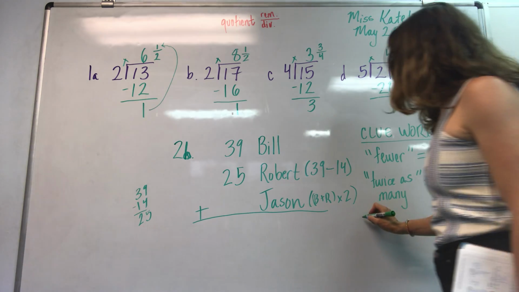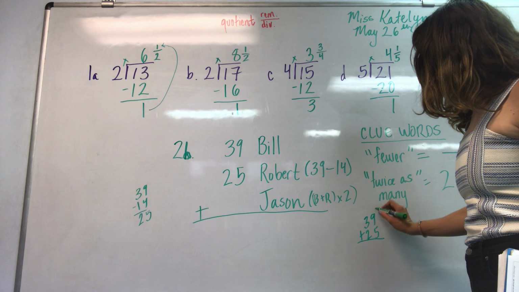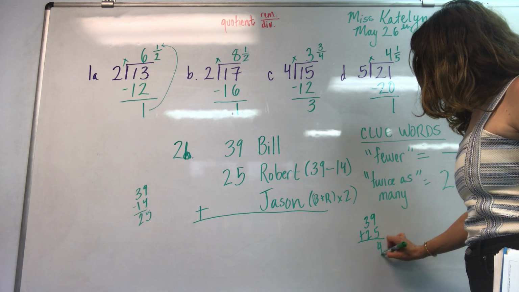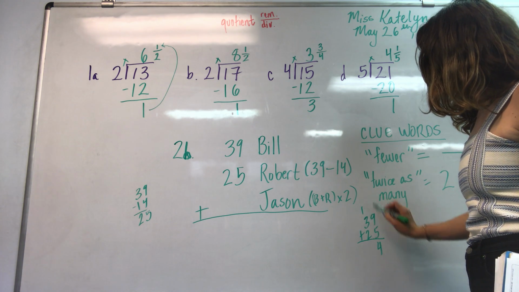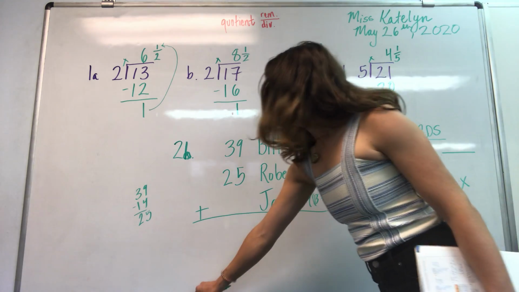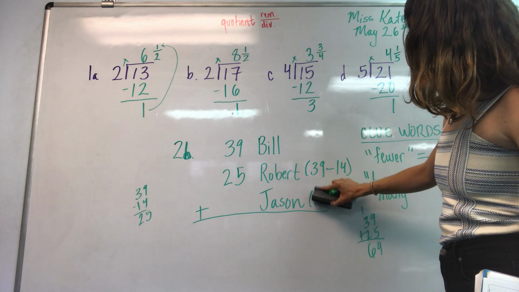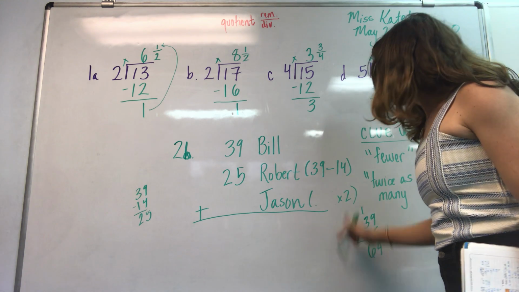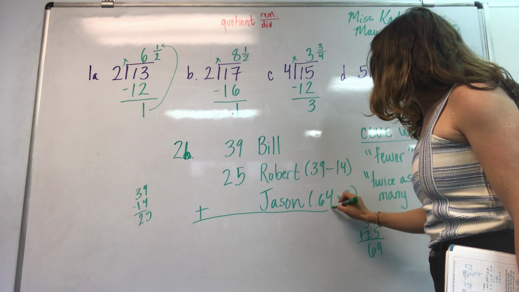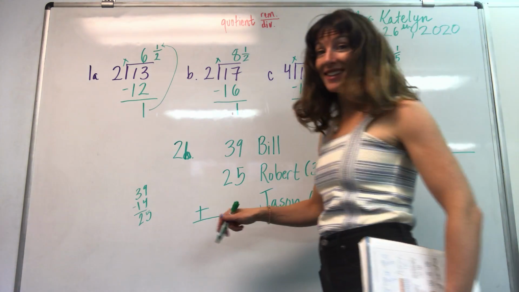Okay, so 39 plus 25, 9 plus 5 is 14, 1 plus 3 is 4, plus 2 is 6, and so I'm going to erase Bill plus R and put 64, and now 64 times 2 is how much Jason has.